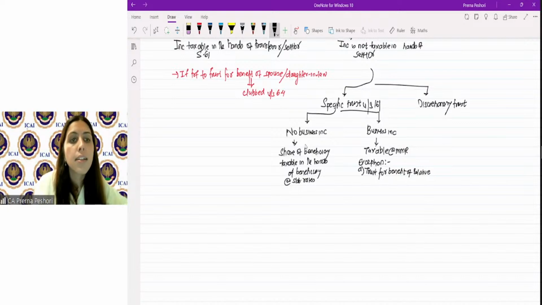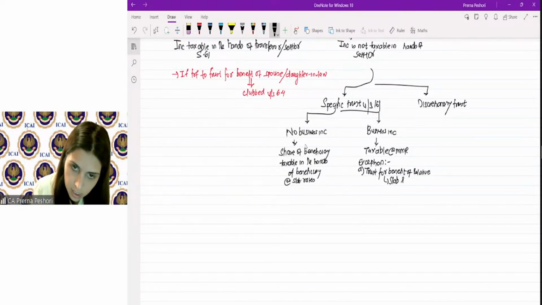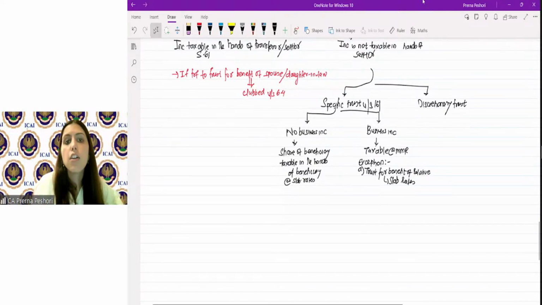Then it shall not be taxable at the maximum marginal rate. Okay, if the trust is for the benefit of the relative, then it will be taxable as per the slab rates.